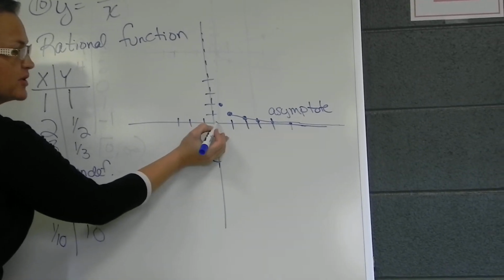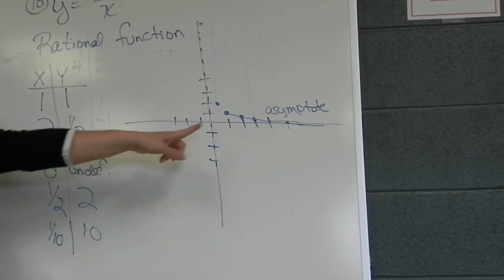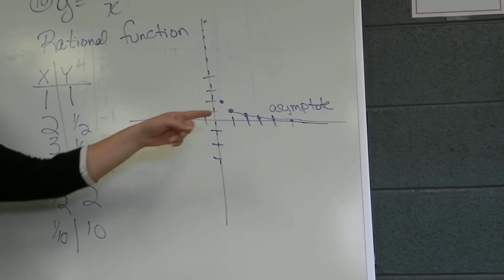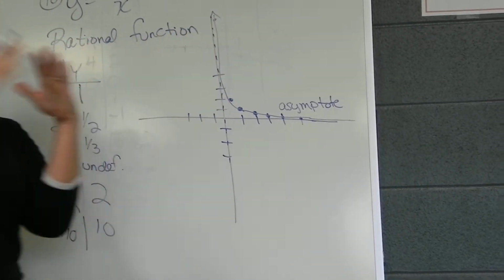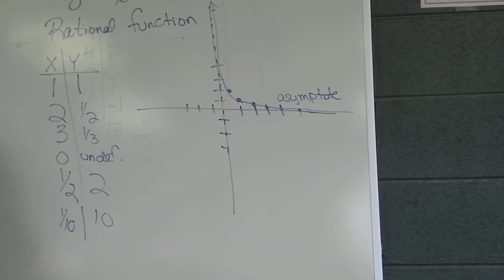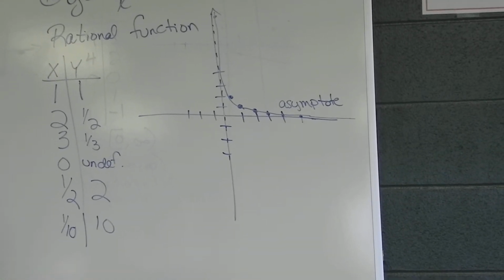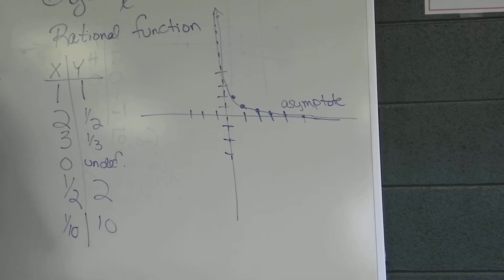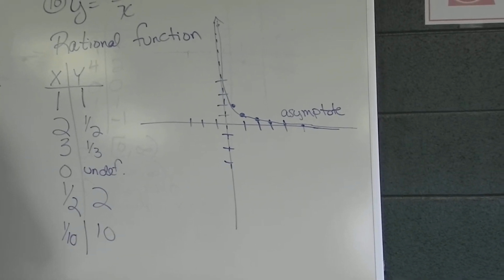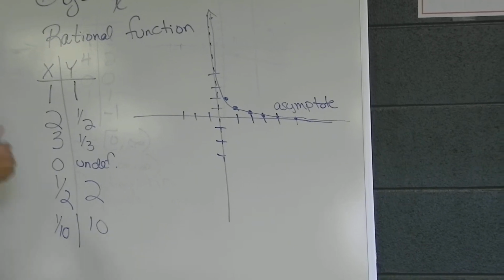So at a tenth, it goes way up to 10. So now the graph is edging closer and closer to this line. So it makes these interesting looking curves just hovering next to that asymptote but never actually touching it. So whenever we do our domain and range, we'll want to use a parenthesis on 0 because we're close to 0. We're like at 0.111, but we're never actually at 0. So parenthesis on this is important.